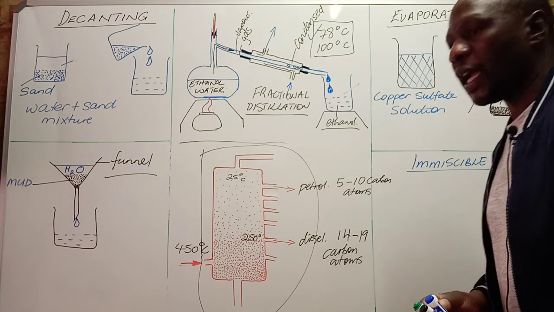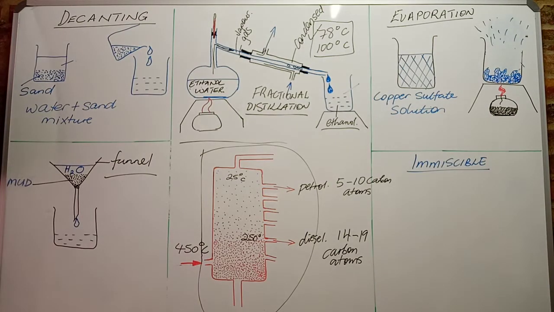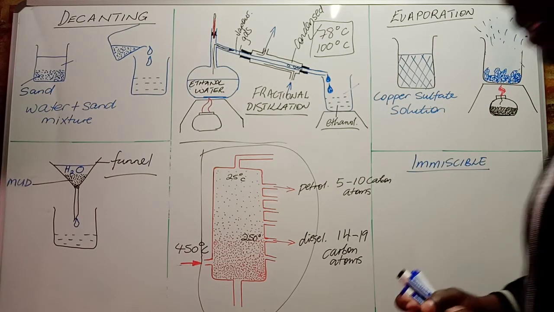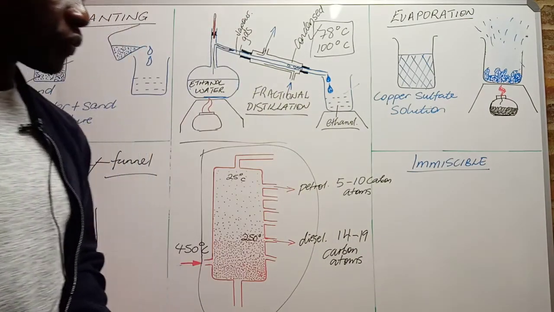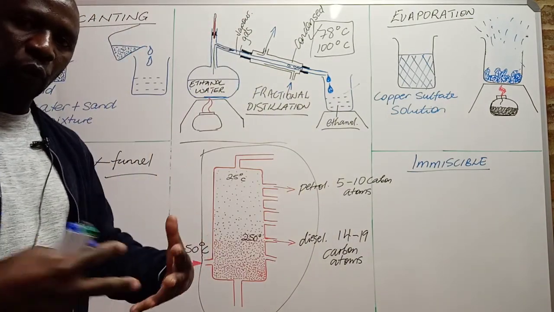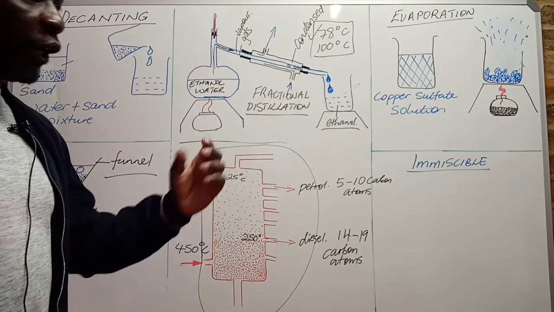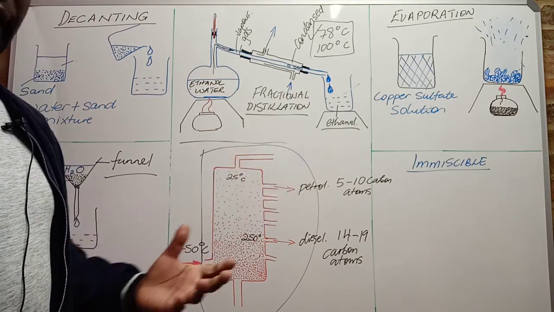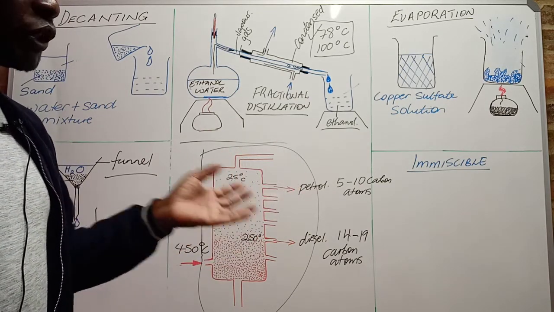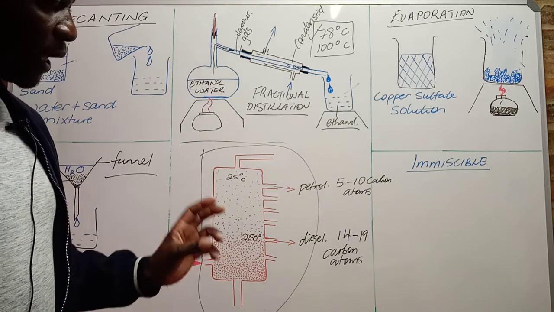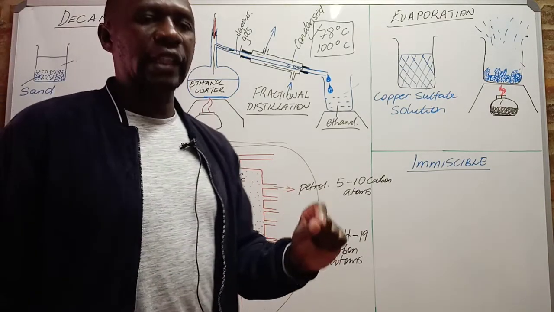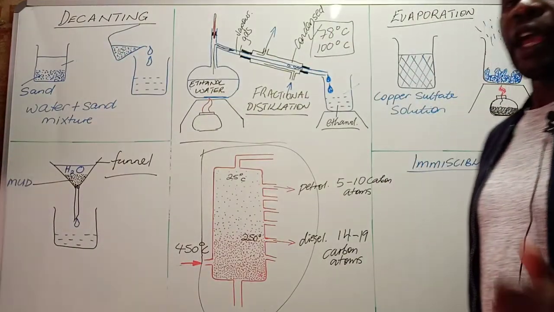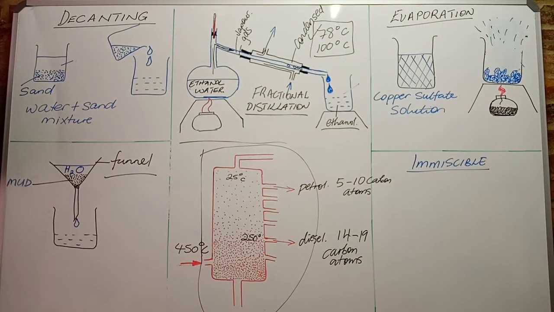Immiscible liquids are liquids that can mix but only in tiny particles. So they do not dissolve in each other. When you look at them with the naked eye, you can tell that this particular droplet is different from the other. A good example is oil and water.